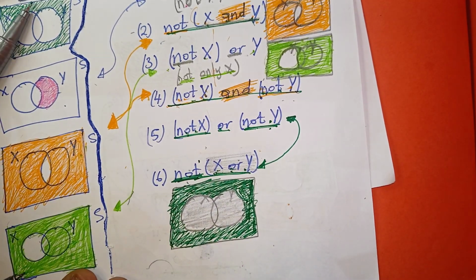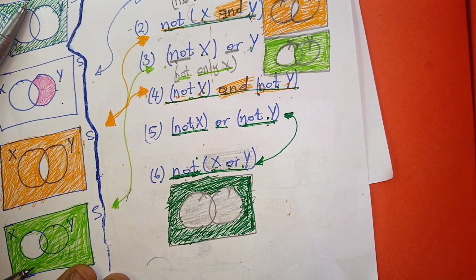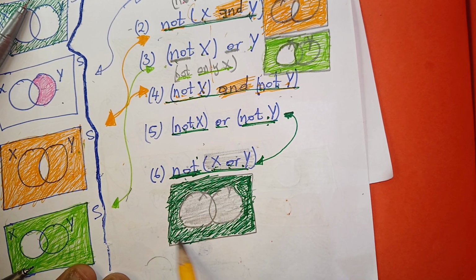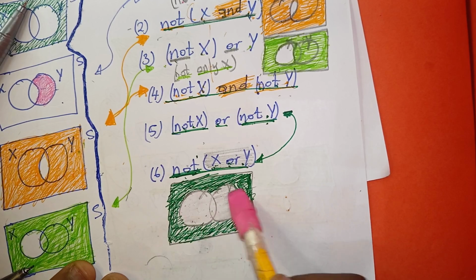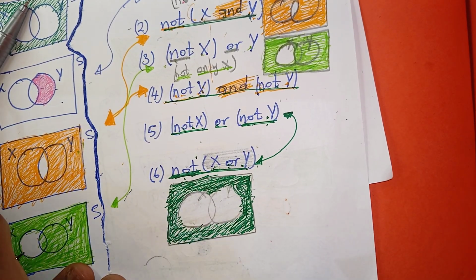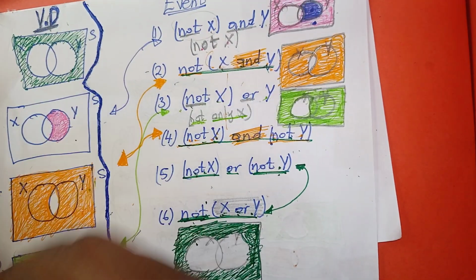For the next video, I will do the calculation. Here what I want you to recognize is that when I say not x or y, I'm referring to what is outside, not what is inside.